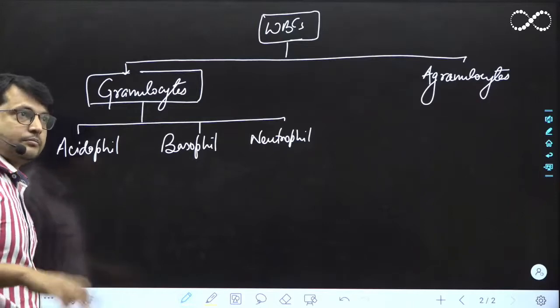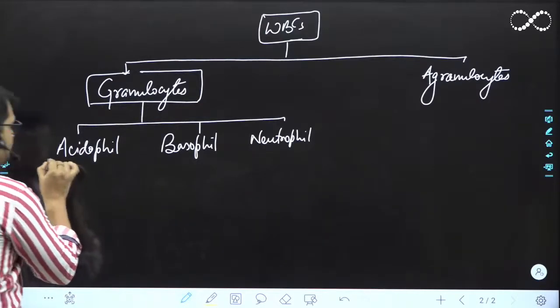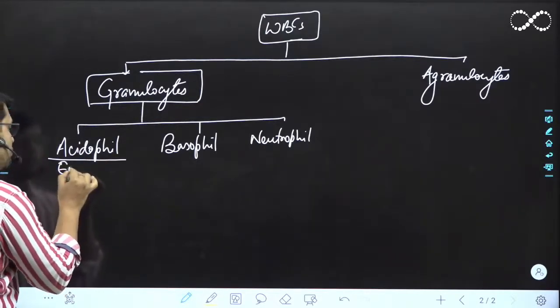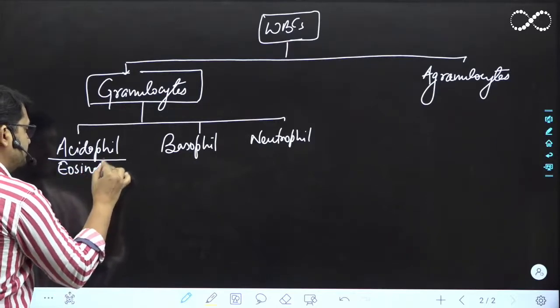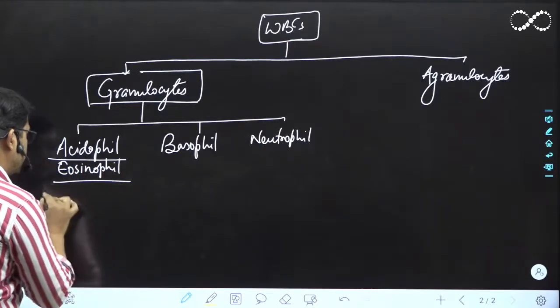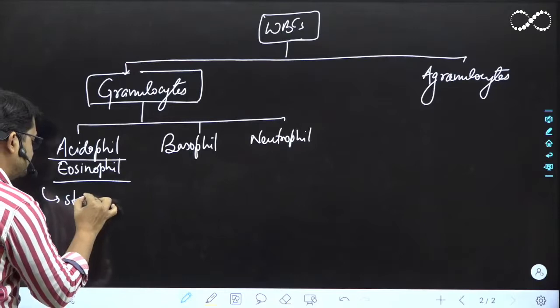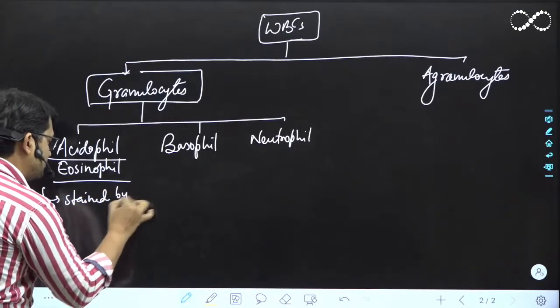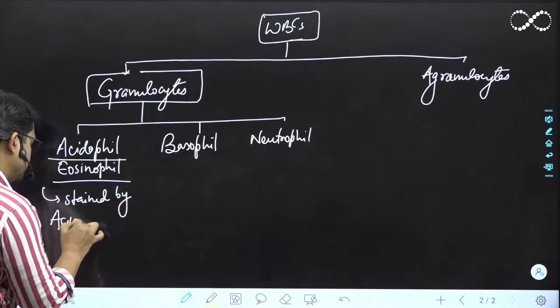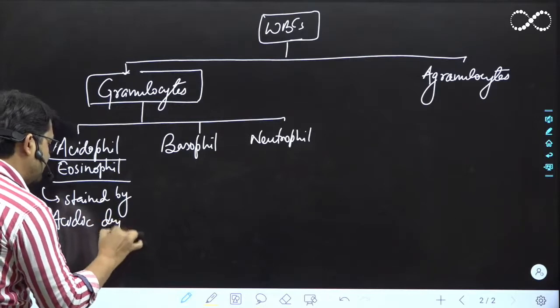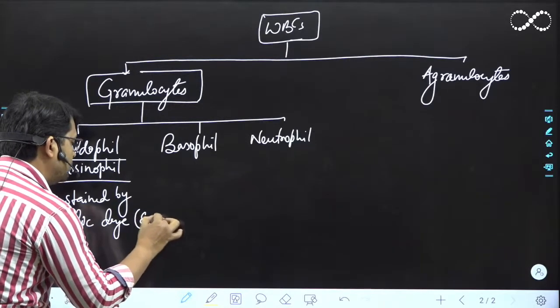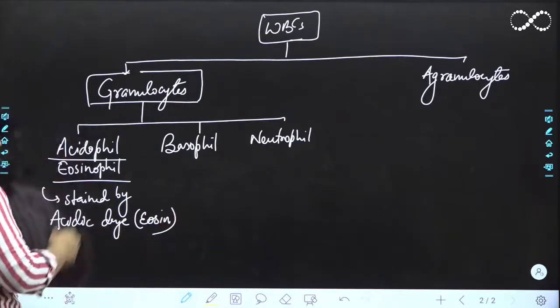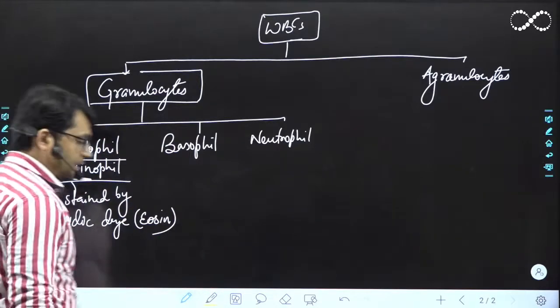Got it? Now see, acidophils are also known as eosinophils. Why? Because they get stained by acidic dye. And what is the name of this dye? Eosin. Understood? That is why the name became eosinophil.